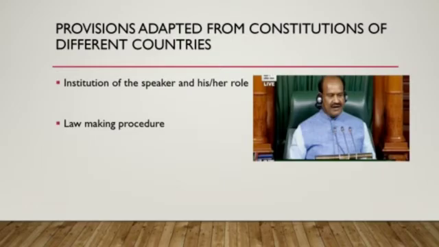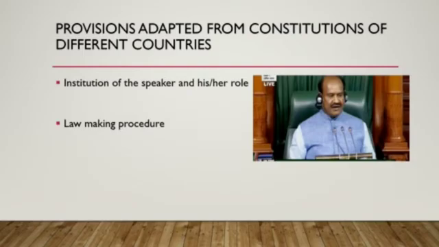The next feature is the law making procedure. Law making is the process of crafting legislation. This form of law making is also applied in India. It is a process which works in India on the basis of the Constitution of India. Law-making procedure means how a bill becomes a law.